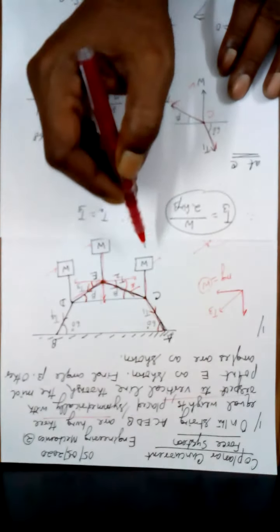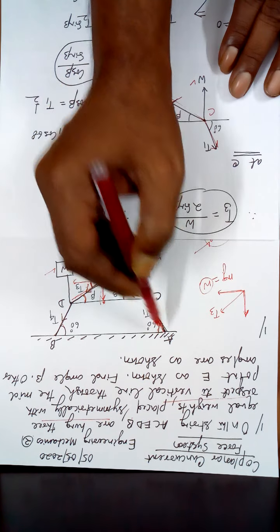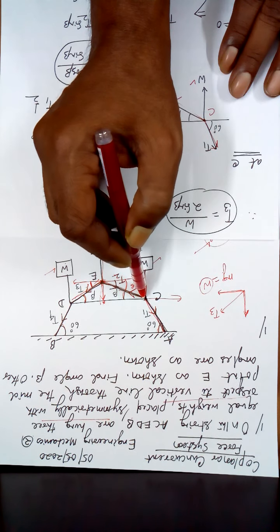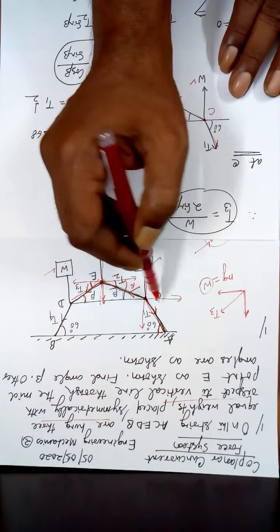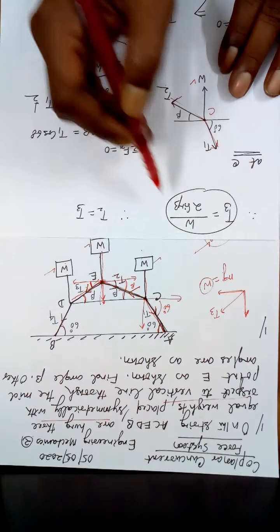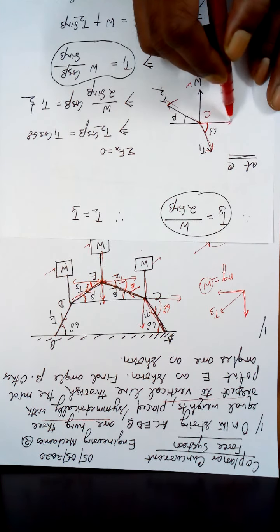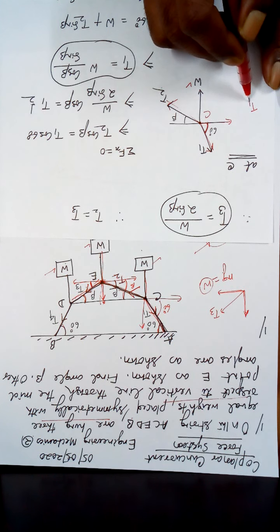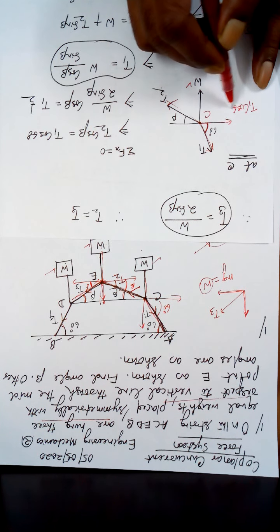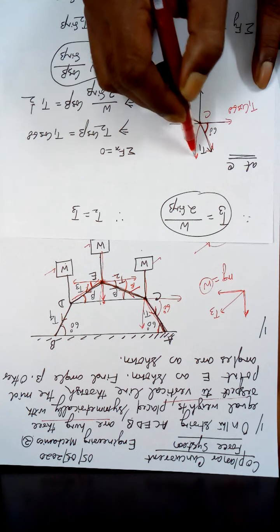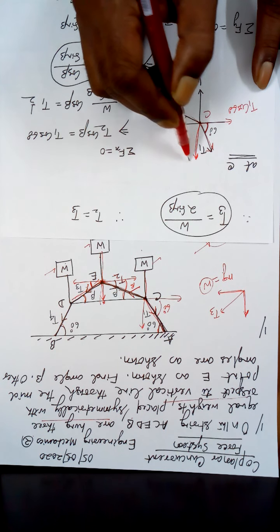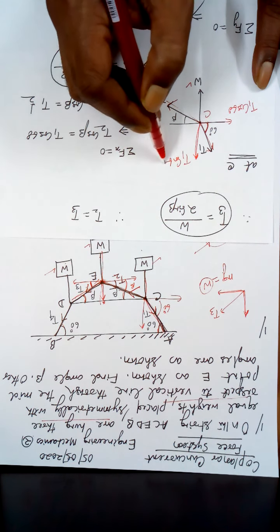Now this angle is 60. So if this is T1, one component is this, the other is this. If this angle is 60, then this angle will be also 60. That is what I have shown here. So this component will be your T1 cos 60, and vertically this will be equal to T1 sin 60.